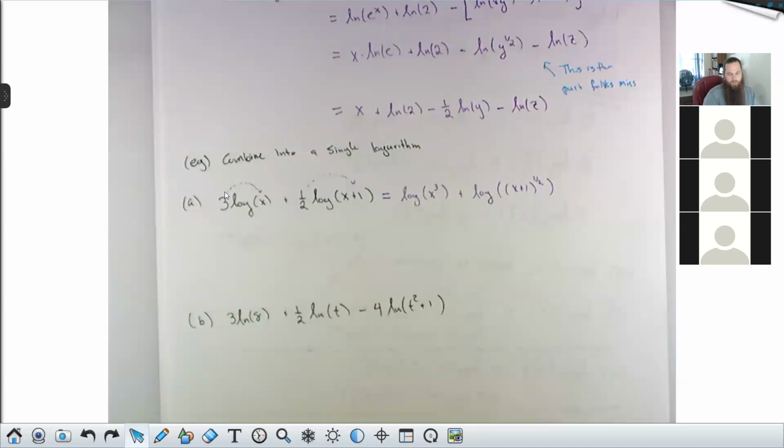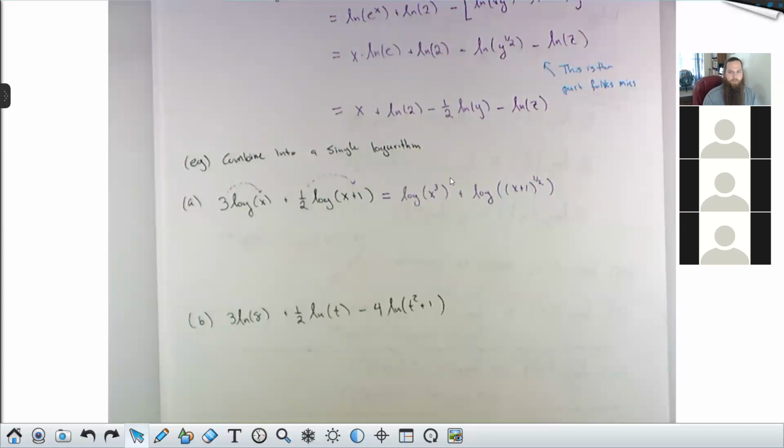I hope that's clear. So from here, I think it's clear we could pull the 1/2 power down and get this. But if this was x to the 1/2 plus 1 to the 1/2, that's not the same as x plus 1 all to the 1/2, in the same way that x squared plus 1 squared is not the same as x plus 1 parentheses squared. So these parens inside here, they're important.